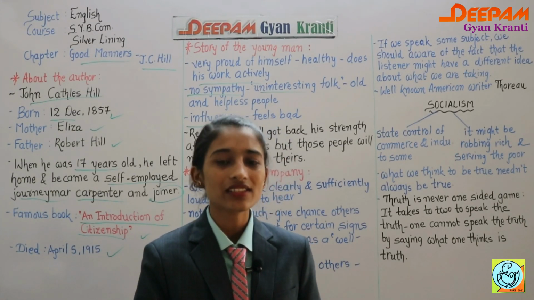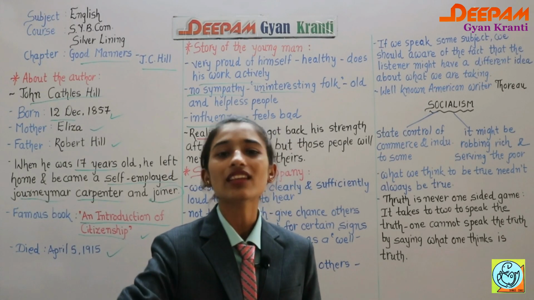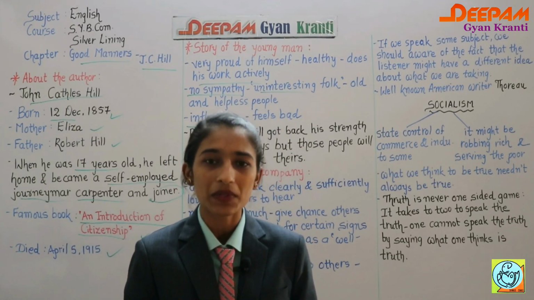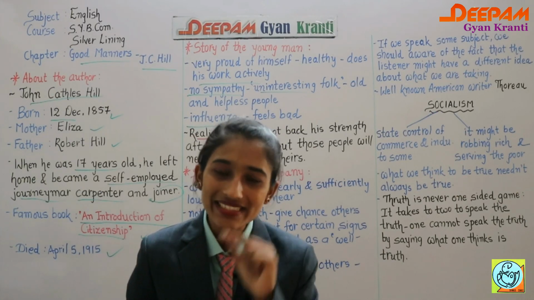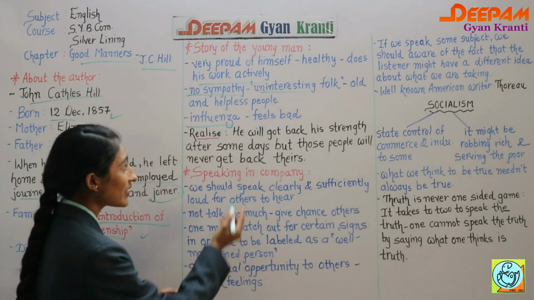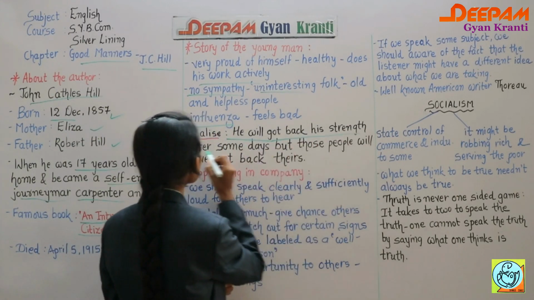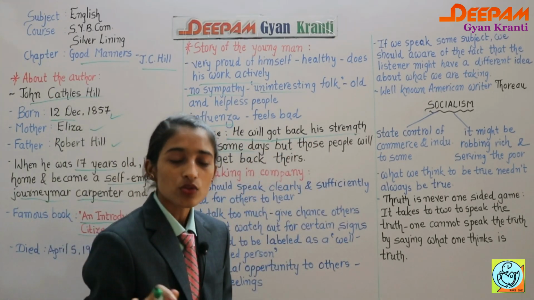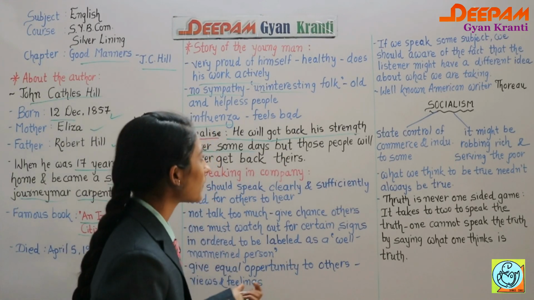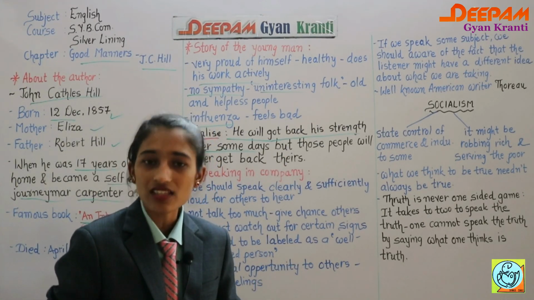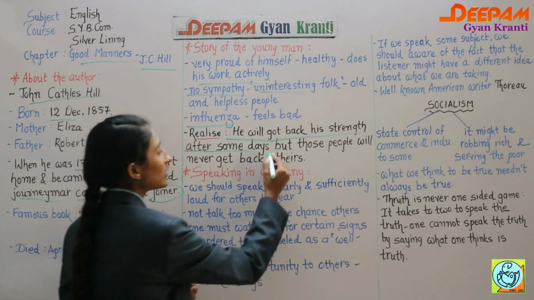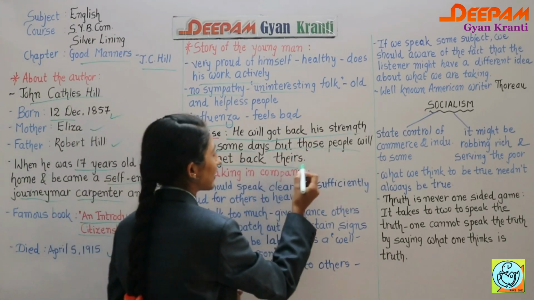Earlier he also did the same thing; he never showed pity or manners towards old people. At that time he realized he would get back his strength after some days. We are youngsters, so whatever problems we have, we can get our strength back. But those people will never get theirs back.